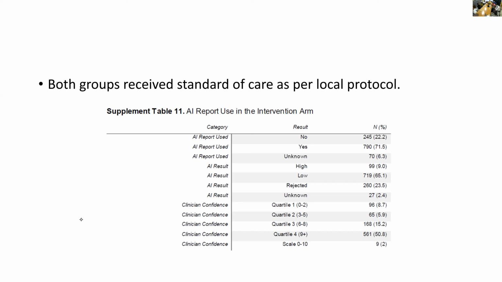It is looking at what happens if this information is available to the clinician in terms of patient outcome. So even if the physician thought I should refer this patient, and the AI said low probability of coronary artery disease, that will still go to that referral. Like intention to treat.